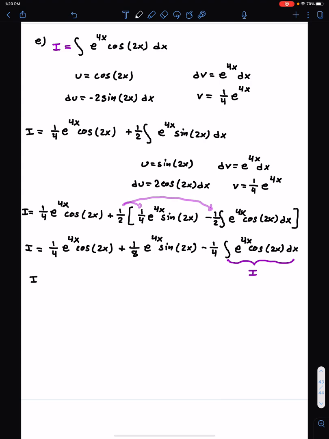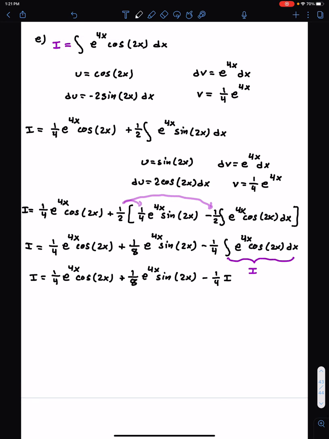So my integral is equal to 1/4 e to the 4x cosine 2x plus 1/8 e to the 4x sine 2x minus 1/4 I. And I is the original integral, which I want to solve for.